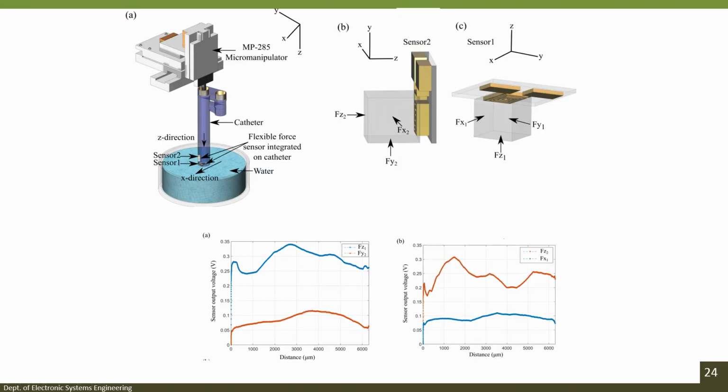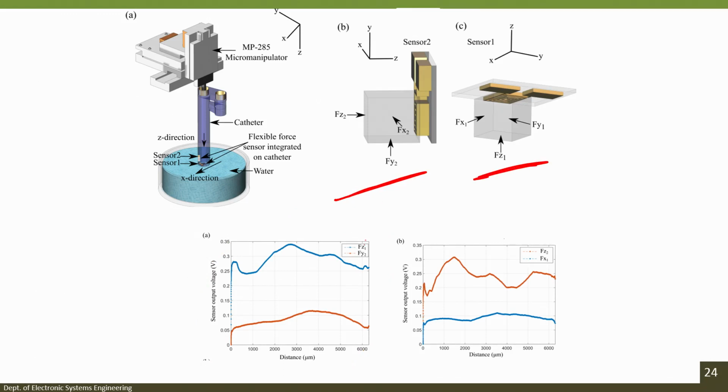Similarly, if I want to use the sensor in water and I can move the sensor in x, y and z direction, then I have different sensor output voltage depending on the distance that I am moving. In this particular case you have seen sensor 2 and sensor 1.